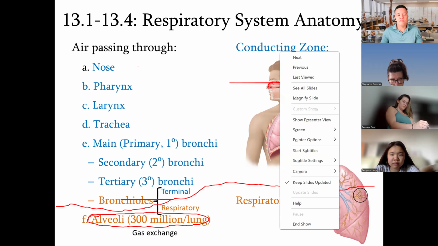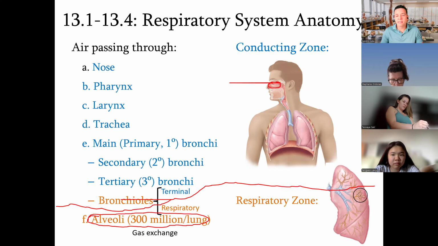Then we get into the pharynx, and we're going to see that the pharynx is divided into three different sections: the nasopharynx, the oropharynx, and the laryngopharynx. Then we get inside of the larynx, and the larynx is the section right here where we're going to find our voice box, the structures that are involved with our speech, us being able to make sound.